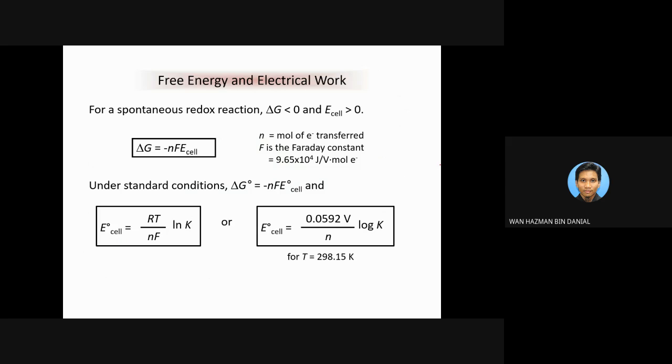Sorry, for standard dengan non-standard lah. Okay, kita tengok dulu. So for spontaneous redox reactions, delta G is less than 0. So E naught cell is more than 0. So we have learned this. And then we have a formula to calculate the E naught cell under the standard conditions.